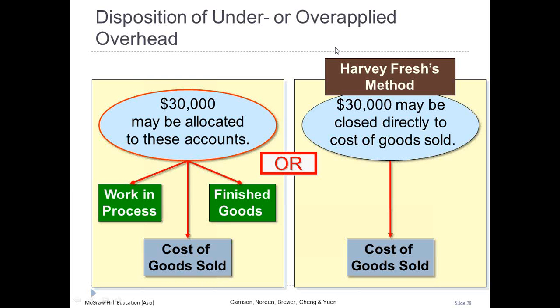The allocation would be based on the relative dollar value in each of the three accounts involved: work in process, finished goods, and cost of goods sold. Or the easier way to deal with this problem is to have an adjustment to cost of goods sold for the entire amount of the over or under applied overhead. This is the easier method.